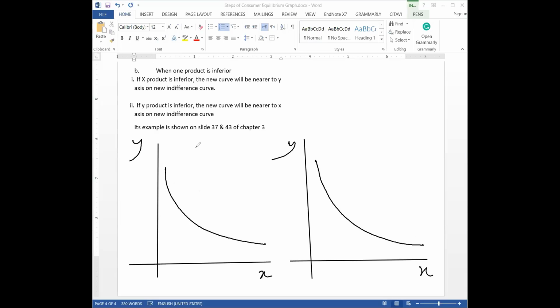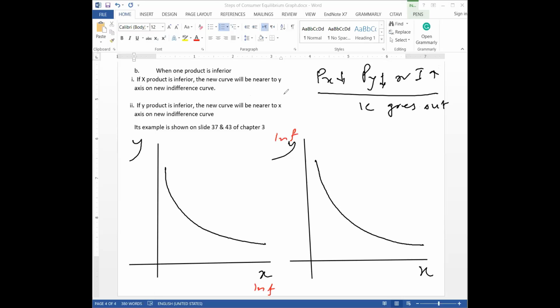Suppose indifference curves are going outward. The case is that there is a decrease in price of X or decrease in price of Y or increase in income. In all cases, IC goes out. Suppose in this example X is inferior, and in another example Y is inferior.